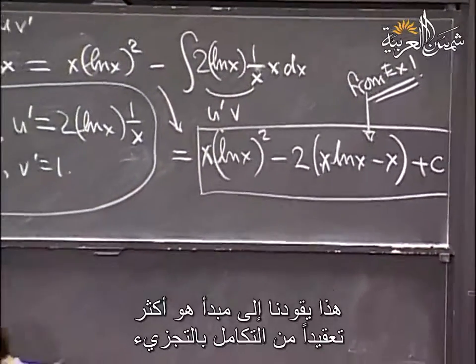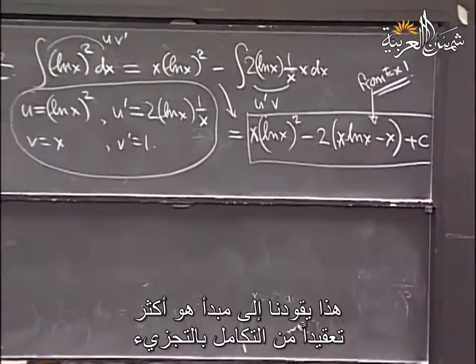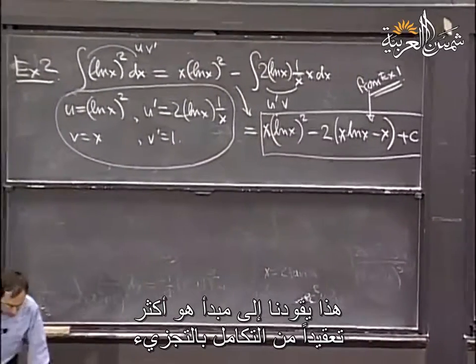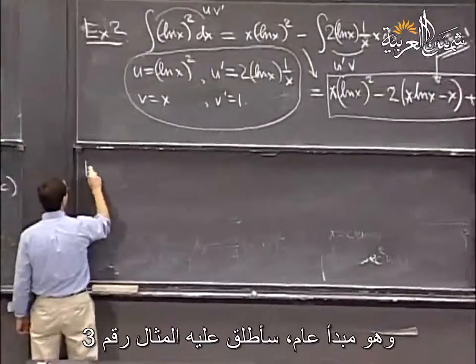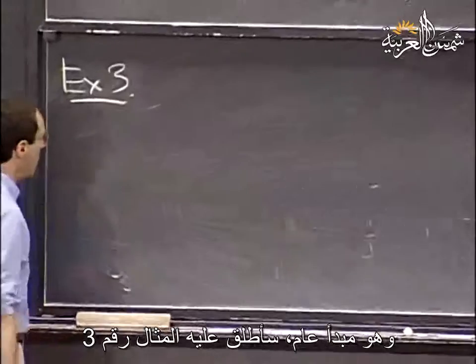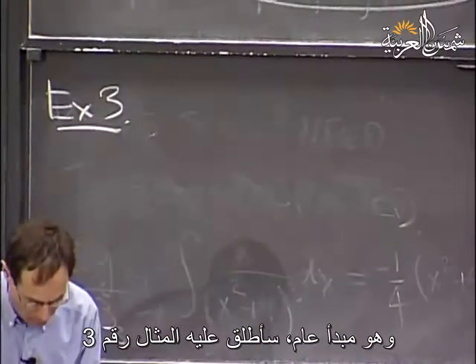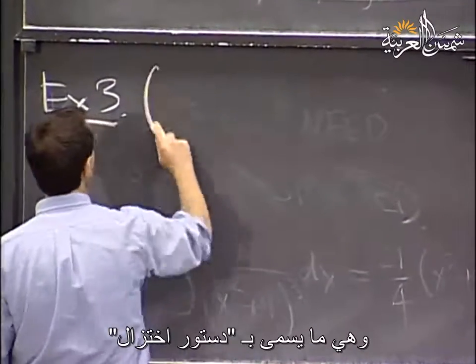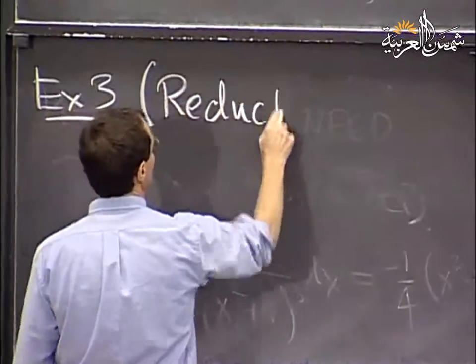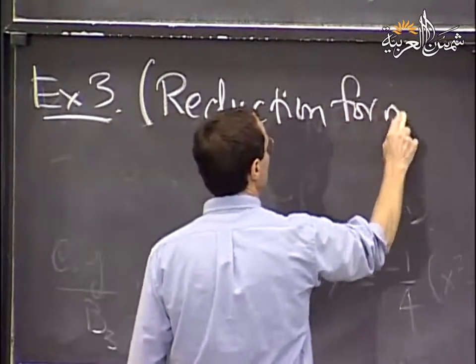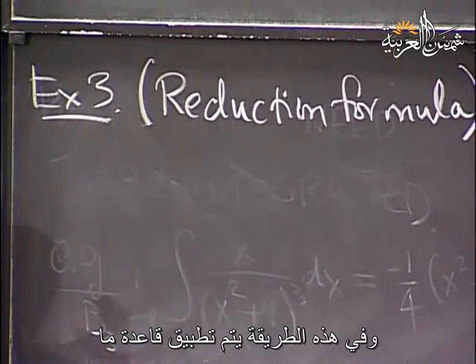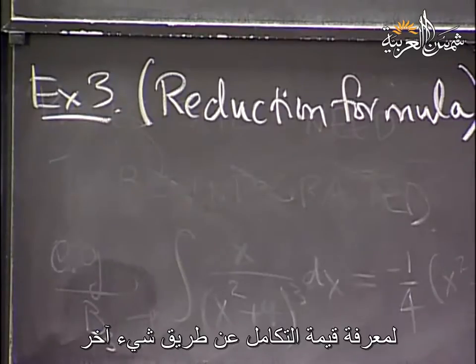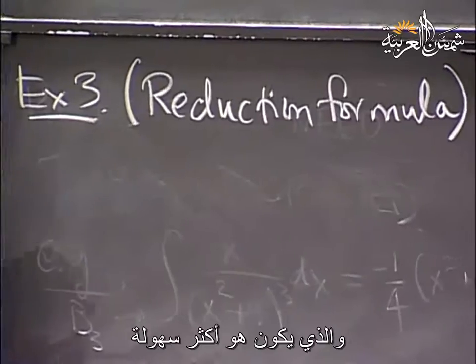Now, this illustrates a principle which is a little bit more complicated than just the one of integration by parts, which is a sort of a general principle, which I'll call my example 3, which is something which is called a reduction formula. A reduction formula is a case where we apply some rule and we figure out one of these integrals in terms of something else, which is a little bit simpler.